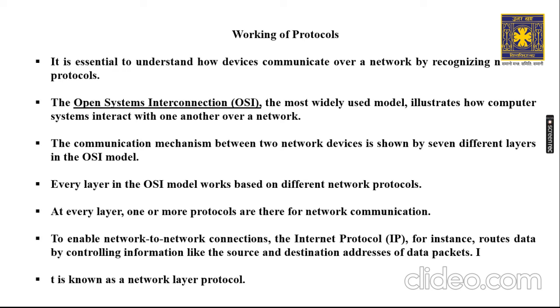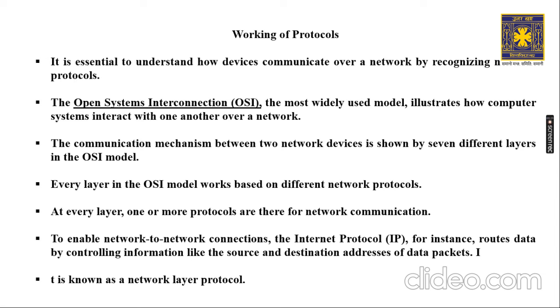Now the communication mechanism between two network devices is shown by 7 different layers in the OSI reference model that I discuss now. Each layer in the OSI model works based on different network protocols, and each protocol has a different function. At every layer, one or more protocols are there for network communication. It is not necessary that each layer should have only one protocol; there might be more than one protocol depending upon the functionality of that layer.